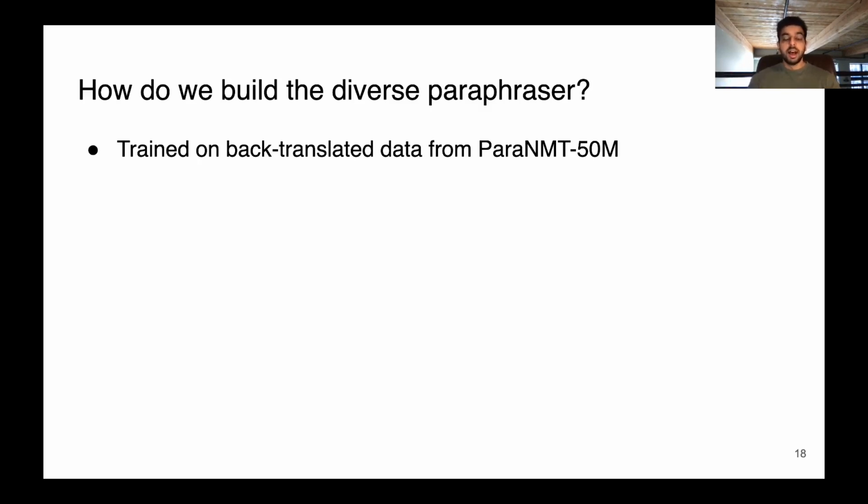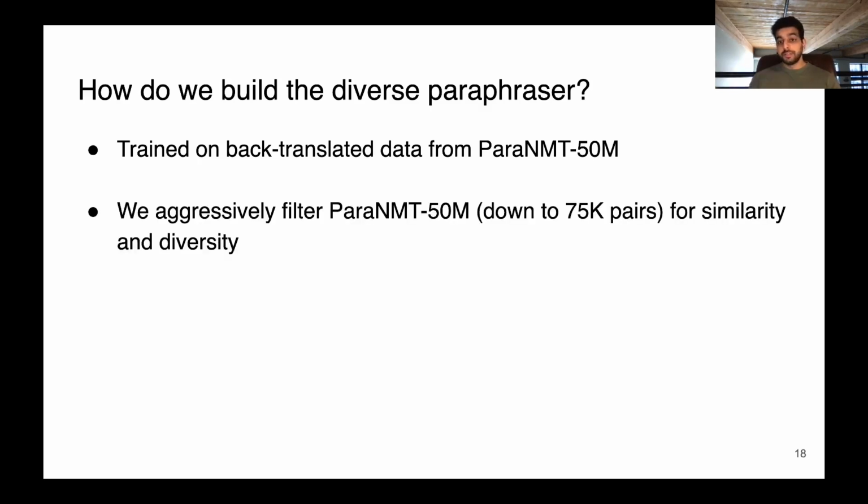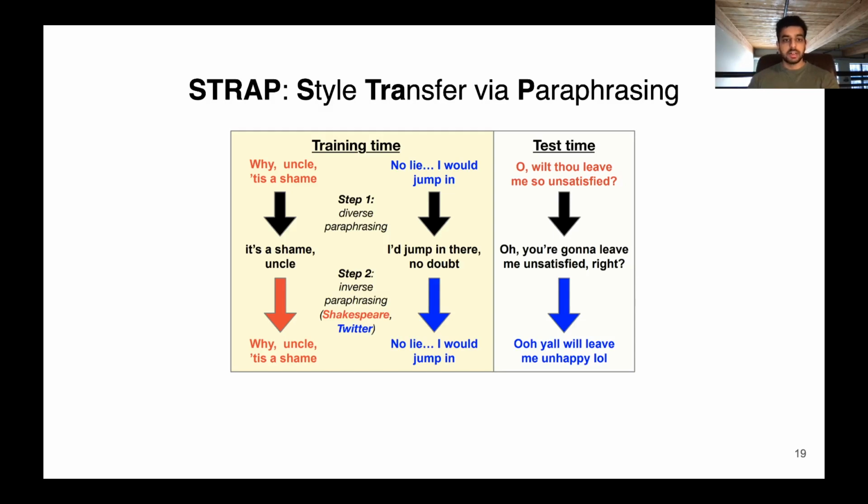Oftentimes the output English sentence differs from the input English sentence in lexical or syntactic choice. And we can filter this back translated data to get just paraphrase pairs that are diverse syntactically or lexically, which helps us use this in our pipeline.